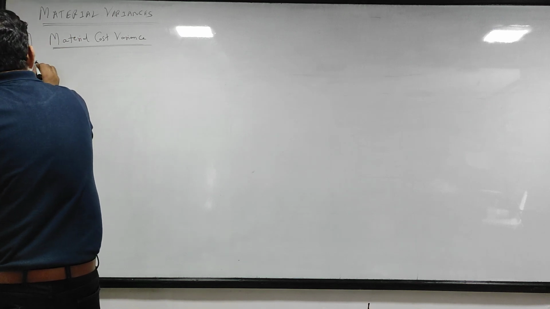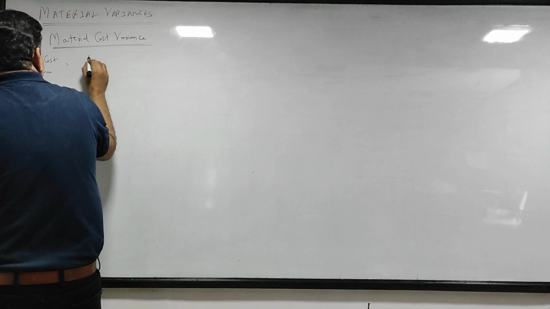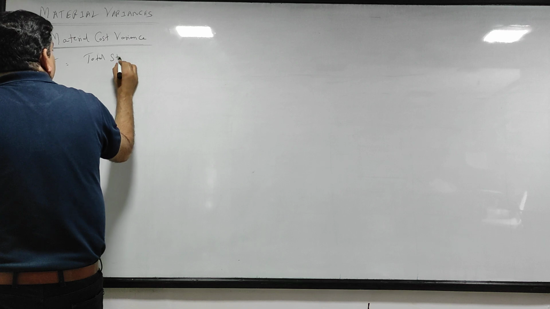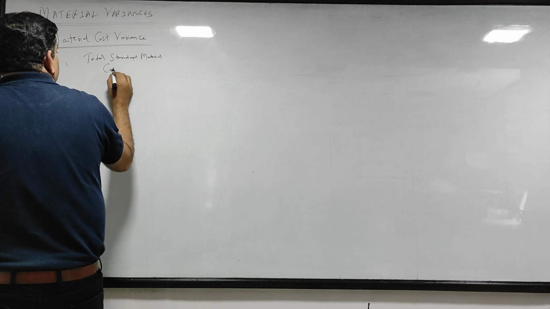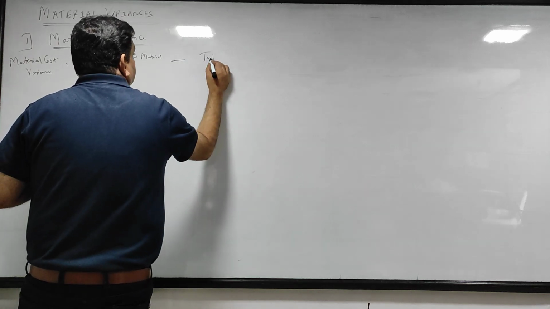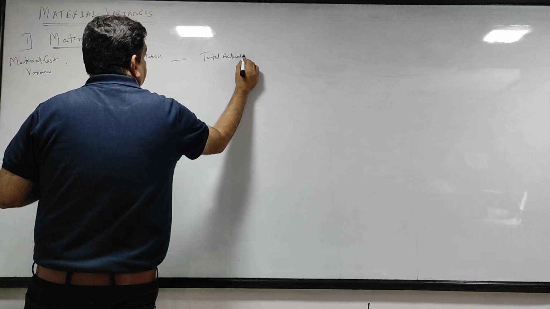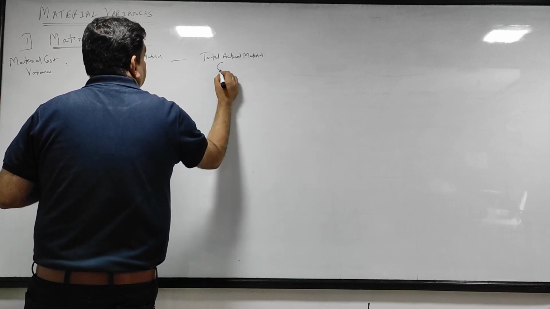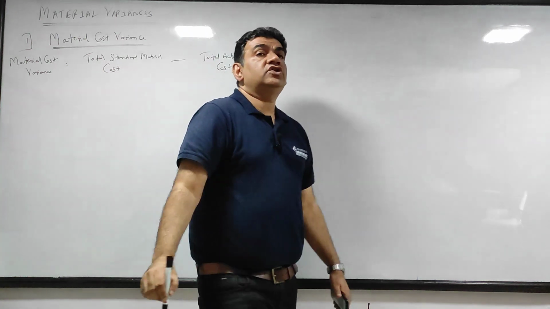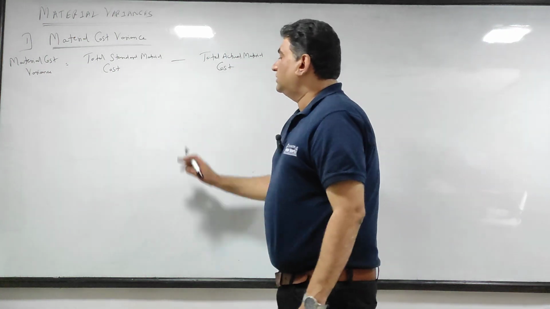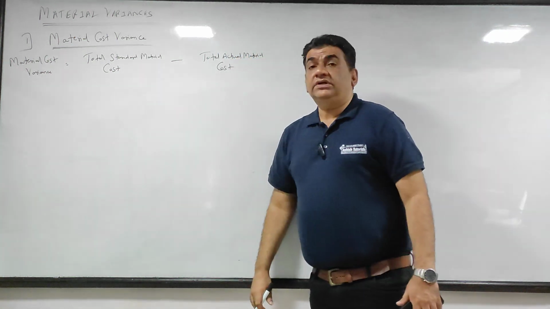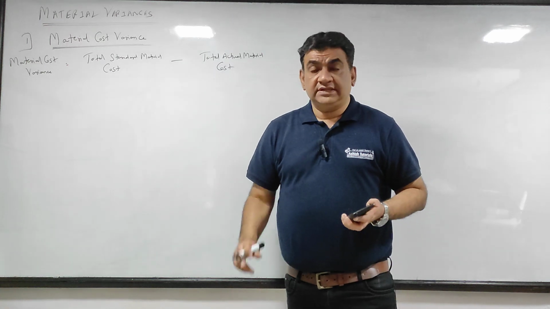The formula for this is: material cost variance is equal to total standard material cost minus total actual material cost.